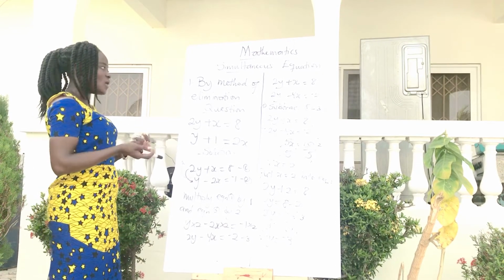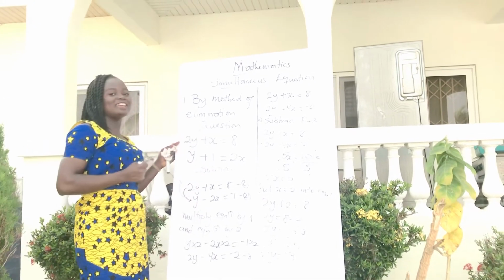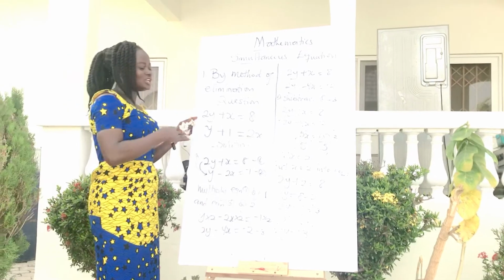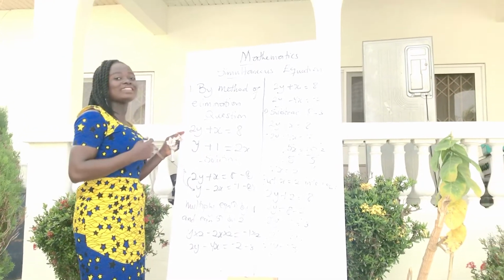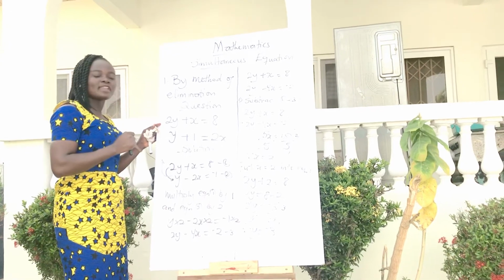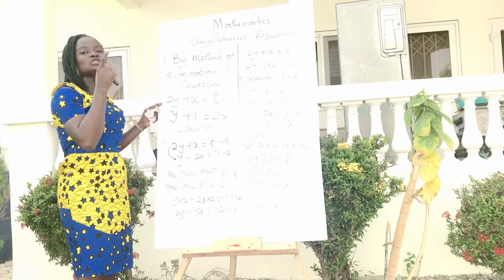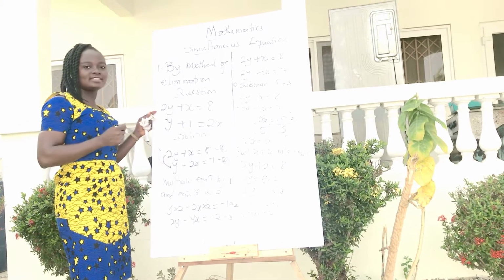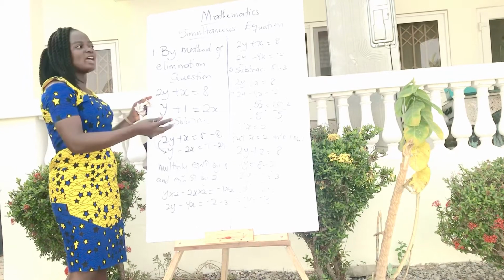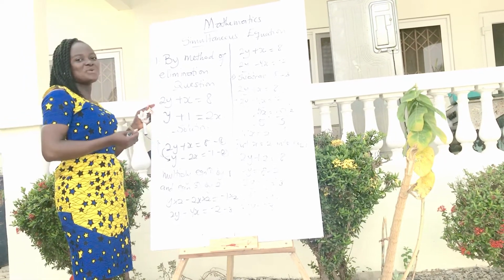The question was, solve the simultaneous equations by the method of elimination, and we've been able to solve it. The first approach: look at the two equations. Are they well arranged? If not, then you have to rearrange them. After that, you eliminate one of the variables. Then you substitute the value of the variable into any of the equations to get the other variable.